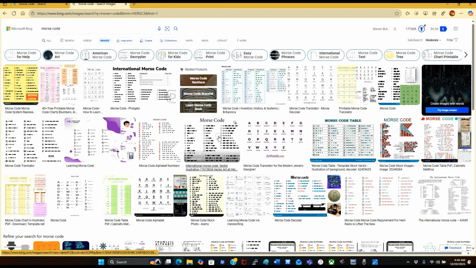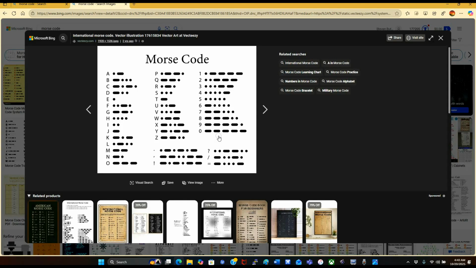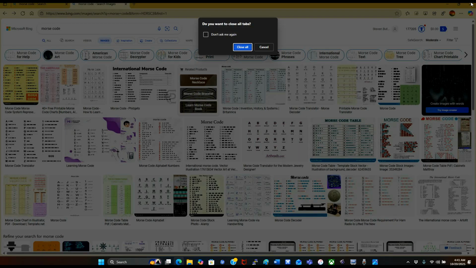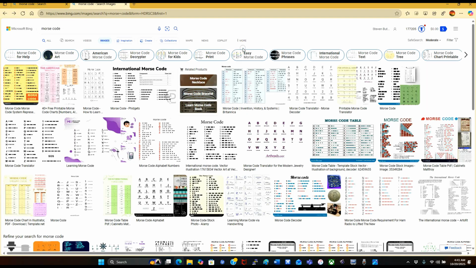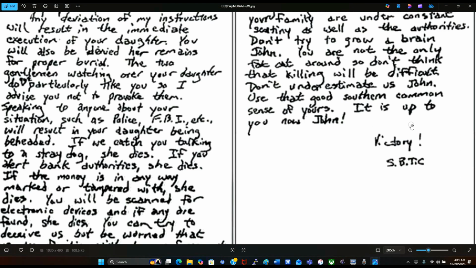So dot dot is I, and dash dot is N, and dot dot dot is S. So those are the first three decoding portions of that area that we have going.